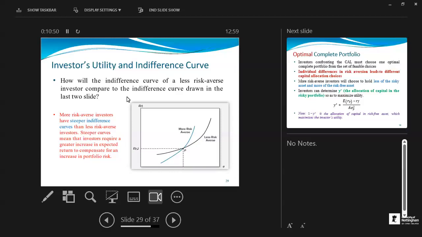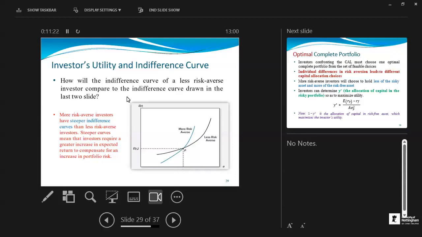Why? If you look at this blue line, this is for a risk averse individual. So what does it show? The slope is very steep, right? But even for a small increase in risk, you expect a greater reward, a greater increase in expected return, right? So that's the characteristic of a risk averse individual who doesn't like to take risk.